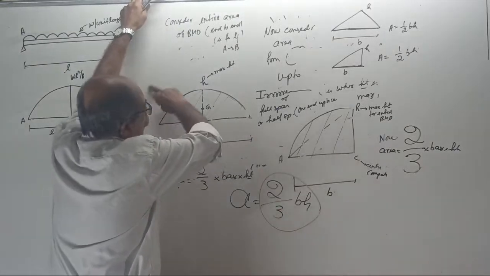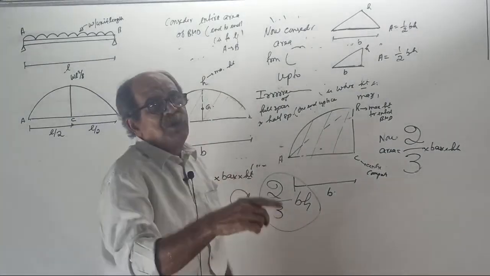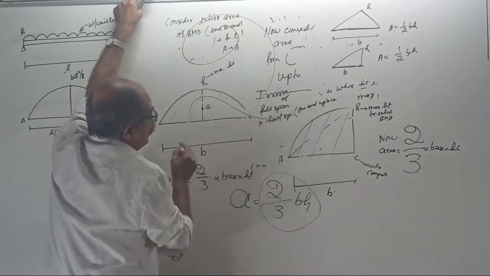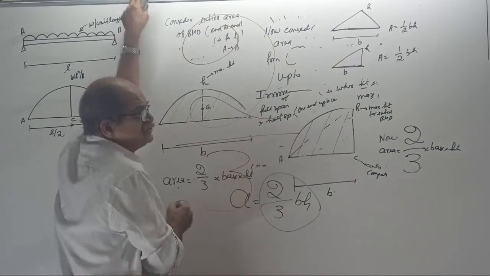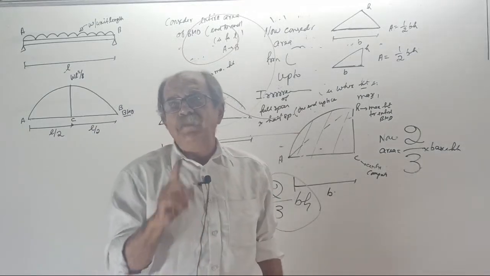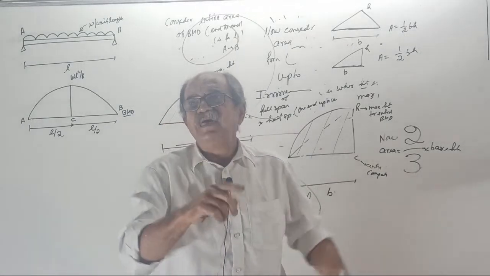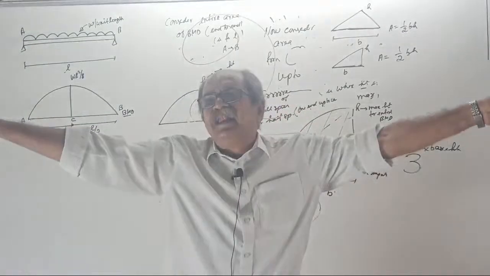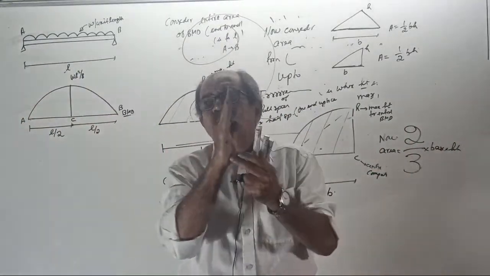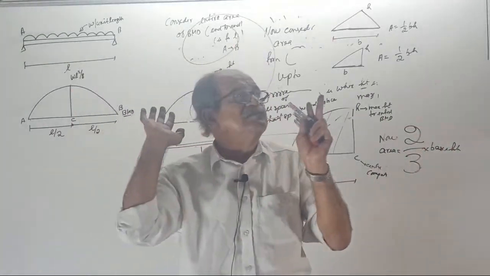Then I will tell, be careful. Whether you take full area or only half the area, the formula for area is still 2/3 base into height only. 2/3 of respective base into height. But remember, to apply 2/3 base into height, your base should be either full span or one side half span.